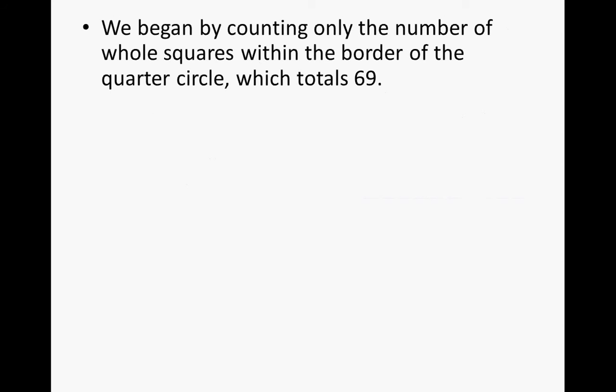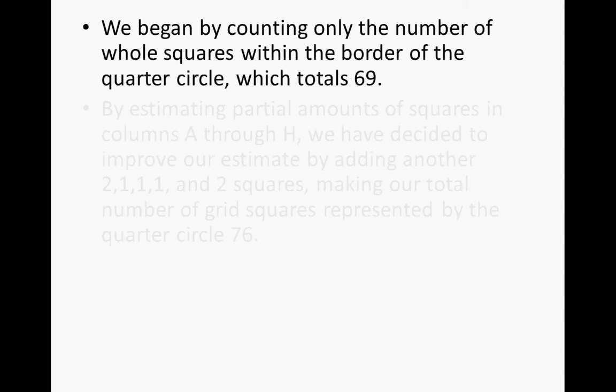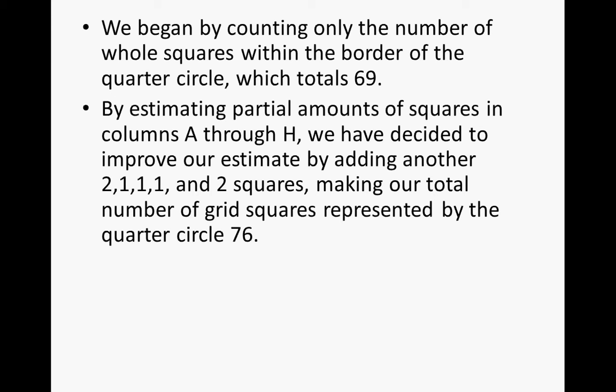So we began by counting only the number of whole squares within the border of the quarter circle, and that was 69. Now, by estimating partial amounts of the squares in columns A through H, we have decided to improve our estimate by adding another 2 plus 1 plus 1 plus 1 and another 2 squares, making our total number of grid squares represented by the quarter circle 76.